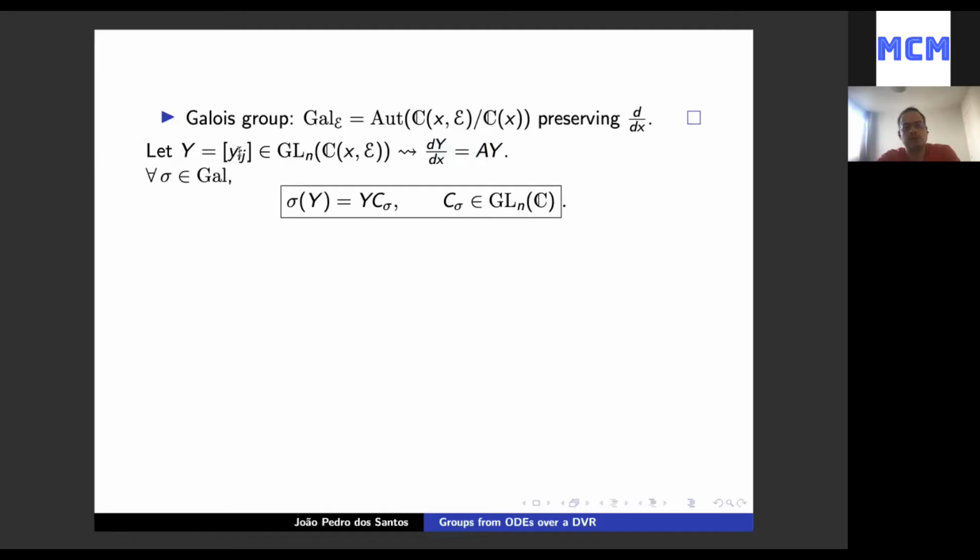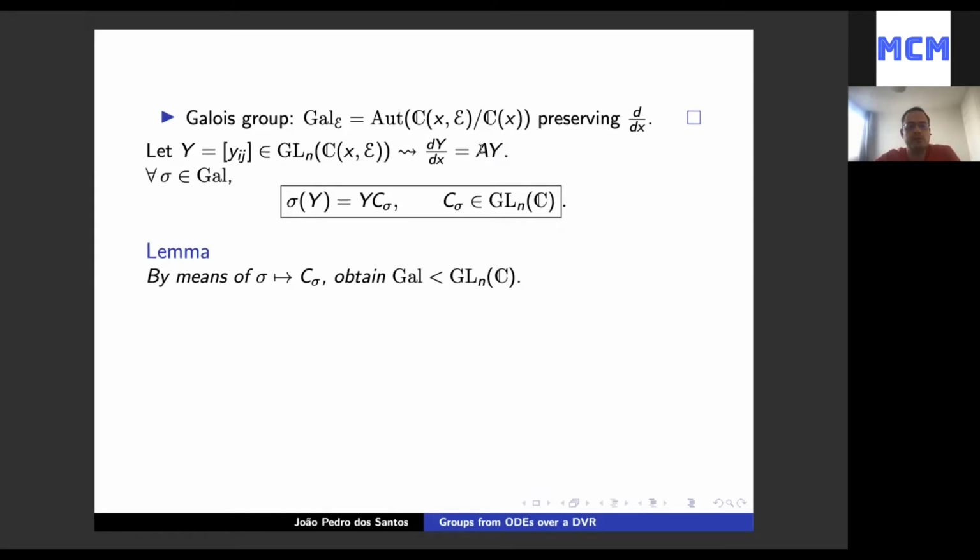And since it gives you all possible solutions, what happens when you apply one of the automorphisms sigma of the Galois group? You get a new solution, because sigma will preserve the derivation and everything. So the new solution will be just a multiple of this fundamental matrix Y. And because of that, you can see every element of your Galois group as an invertible matrix.